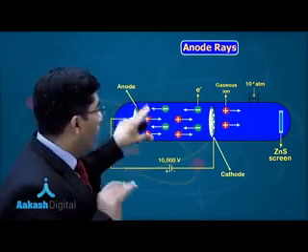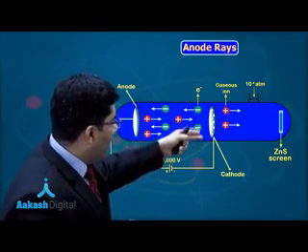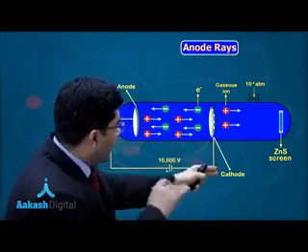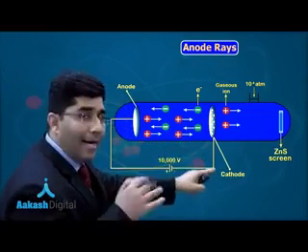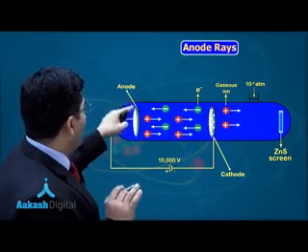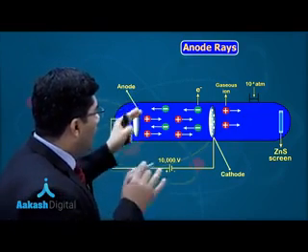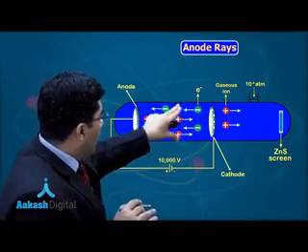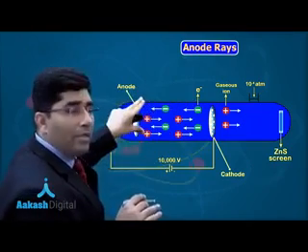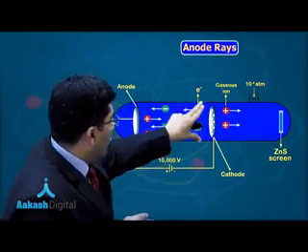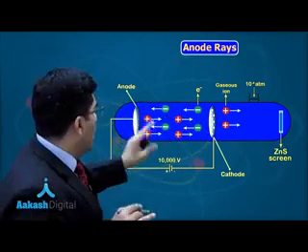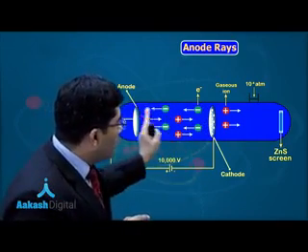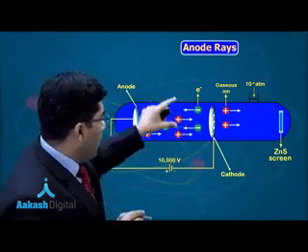Here we have taken the cathode on the right hand side and the anode on the left hand side. Cathode is negative obviously and anode is positive, and he observed that cathode rays are moving, that means electrons are moving from cathode to anode, and there are some other particles which were moving towards the cathode.